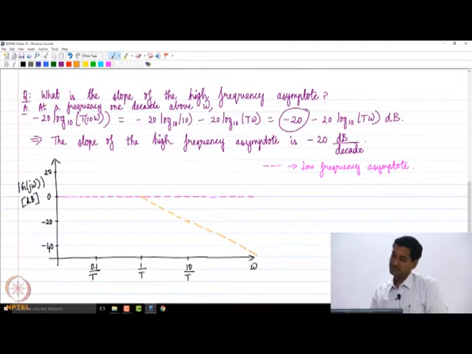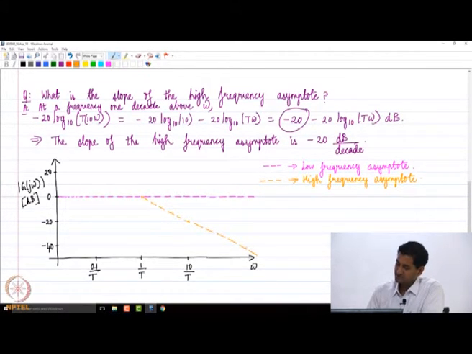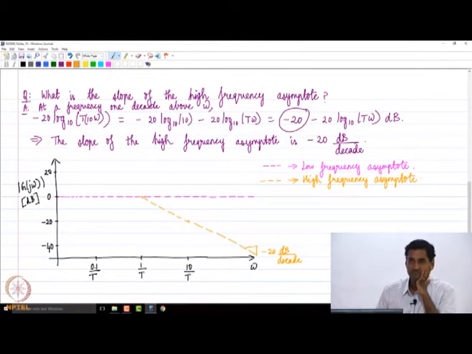This is the high frequency asymptote, the one in golden color. Of course the slope of this line is going to be minus 20 decibels per decade.